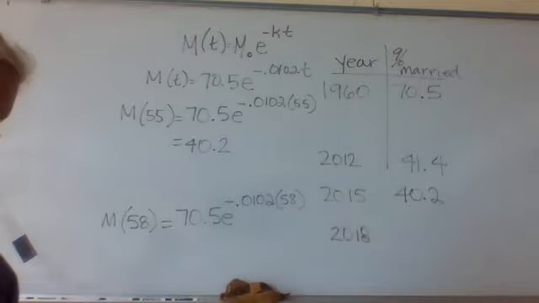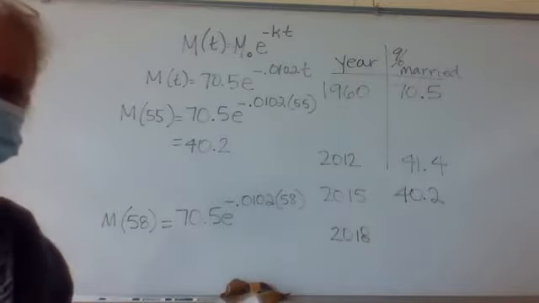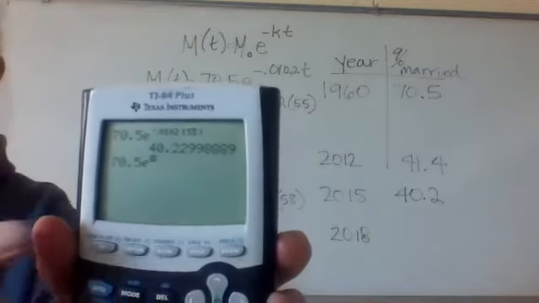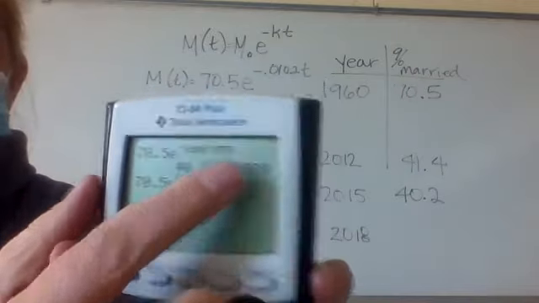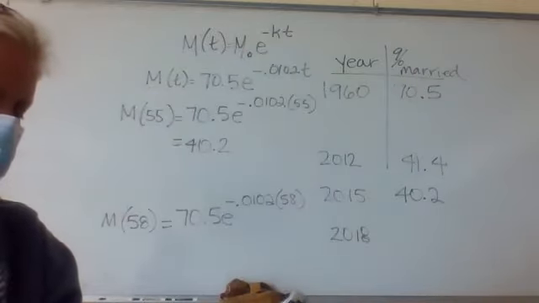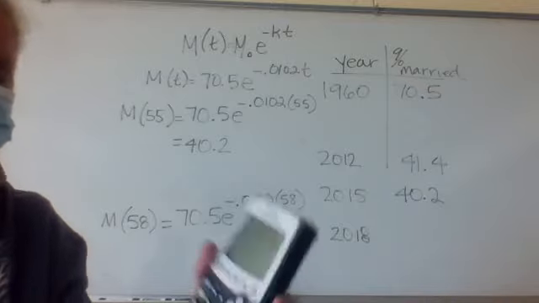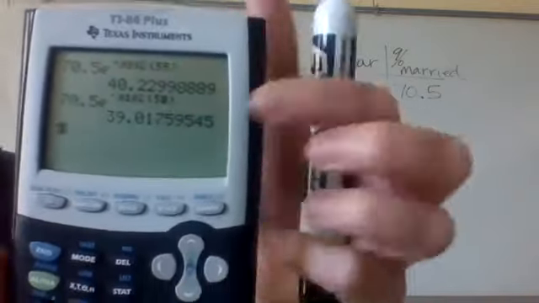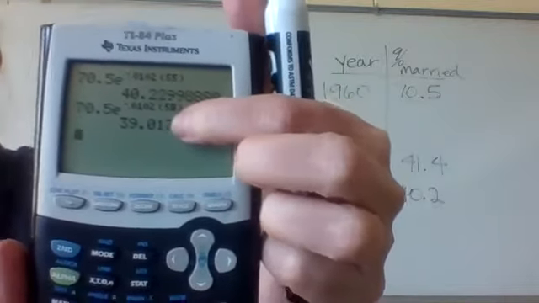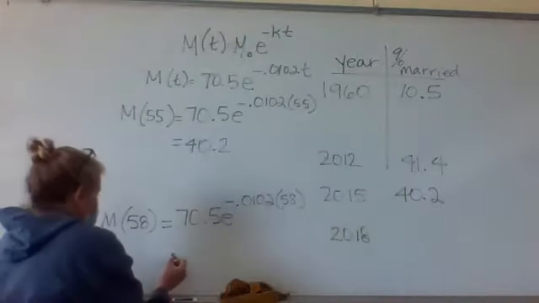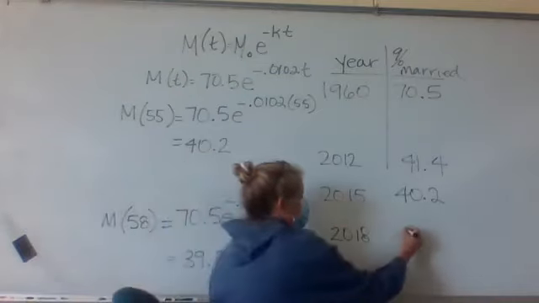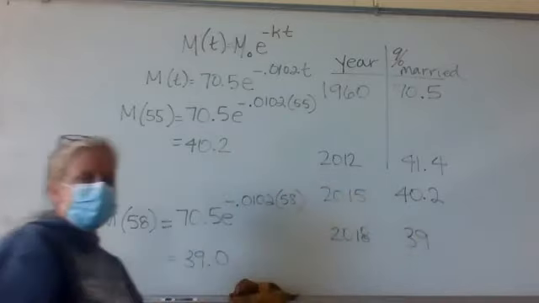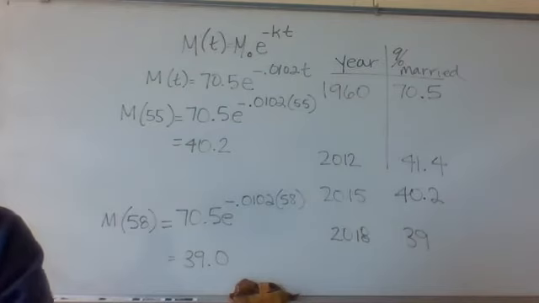So I've got 70.5, second ln to get your E. Now, your exponent's going to be the exact same thing as the last one, except that change that 55 to a 58. So negative 0.0102 times 58. Round it to 1 decimal place, so 39.01. So just 39.0, which is just 39. So 39% of adults will be married in 2018.